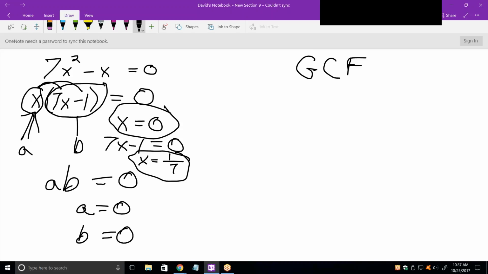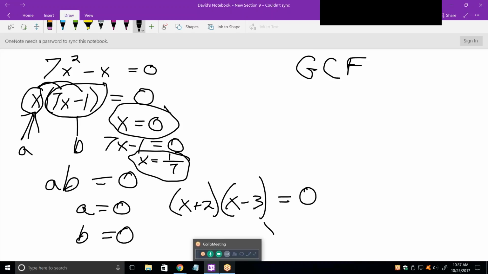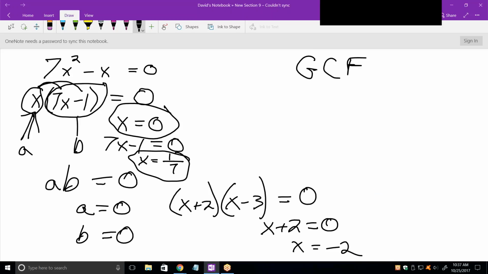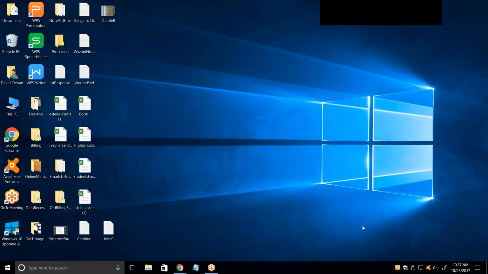Now, if you had x plus 2 times x minus 3 equals 0, well, you certainly would not plug in 0 for x. What you would do is take the first quantity, x plus 2, let it equal 0, and solve. And then you take the second quantity, x minus, what happened?